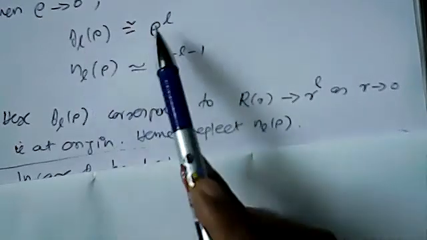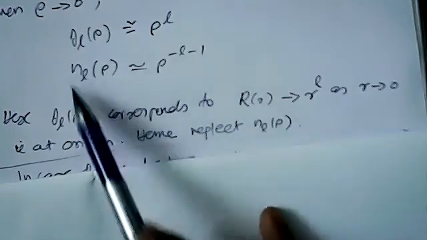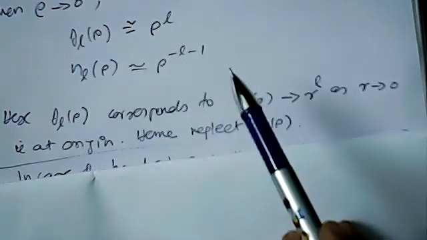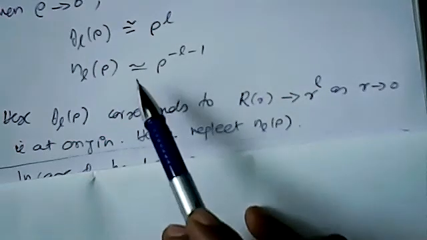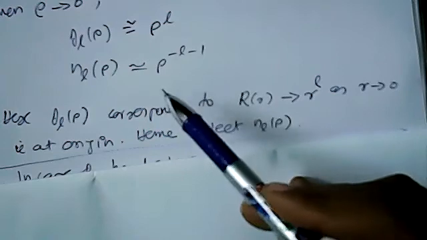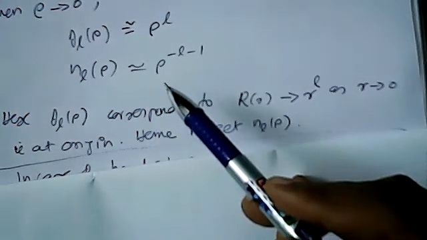The spherical Bessel function is valid at the center of the spherical well, that is, at the origin. But the other is not like that. It is valid away from the origin. The spherical Neumann function is valid away from the center. This is valid at the center, and we are concentrating on the center.